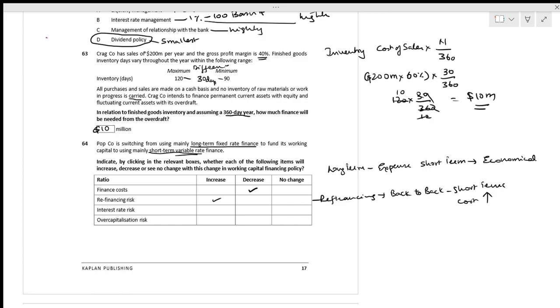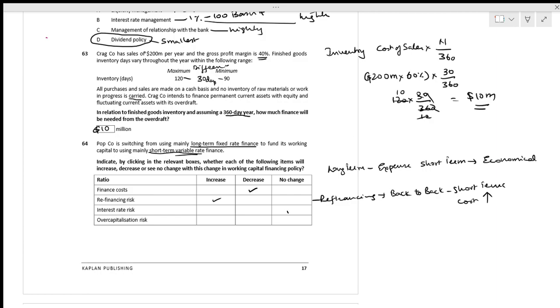Interest rate risk. Short term is 90 days, and the monetary policy interest rate will also be reviewed every 90 days. In terms of the fixed rate or the variable rate, the risk of the rate moving adversely and the company suffering is not that evident.